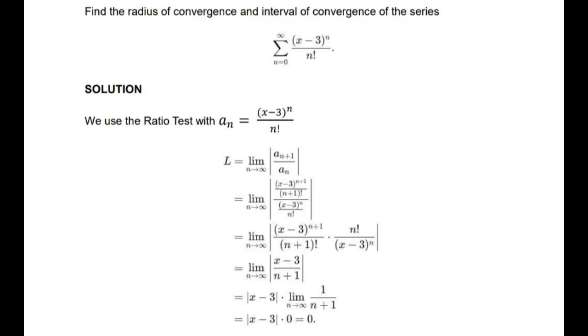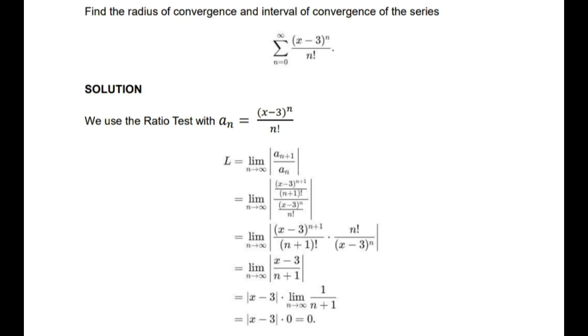So another example is this. We need to find the radius of convergence and interval of convergence of the series, the summation of (x minus 3)^n over n factorial, as n equals 0. So for our solution, we first use the ratio test with a_n equal to (x minus 3)^n over n factorial.